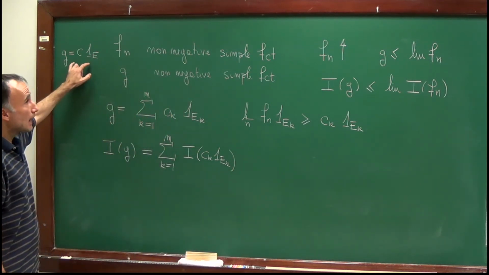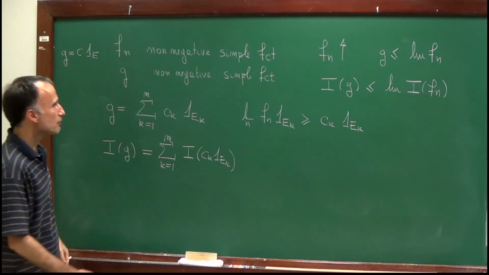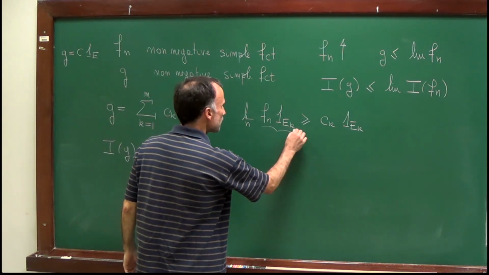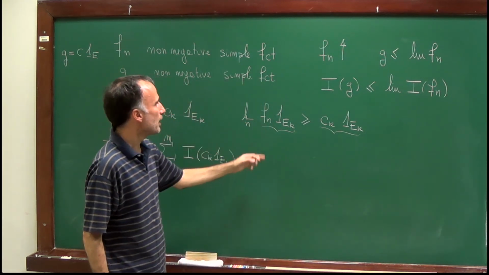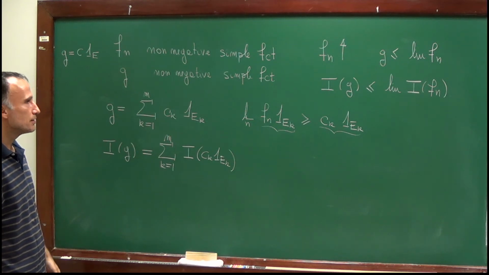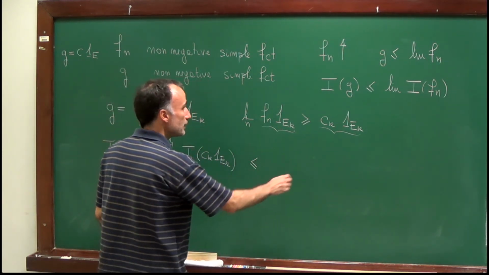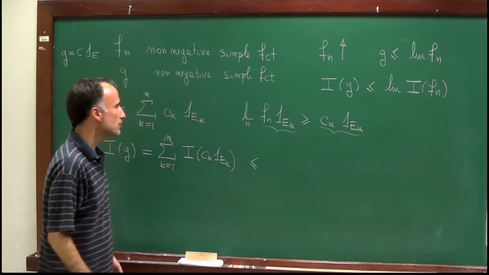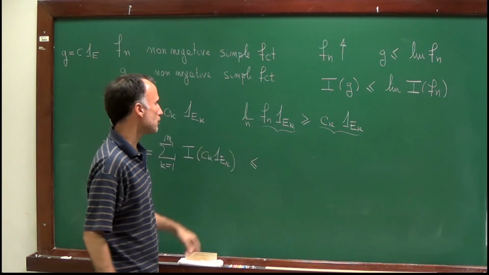And therefore I can now use the first part of the proof. We have here a sequence of simple functions which is monotone and whose limit is greater or equal than ck times the indicator of ek, and therefore the integral of this simple function is bounded by the limit of the integral of these functions.